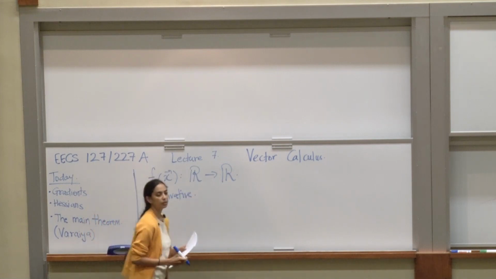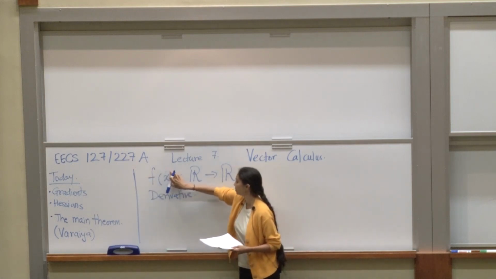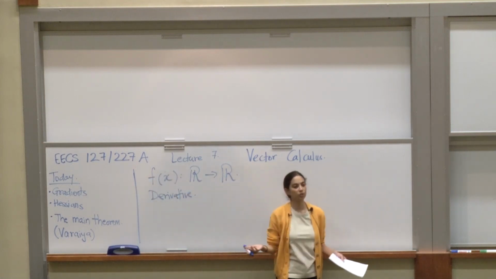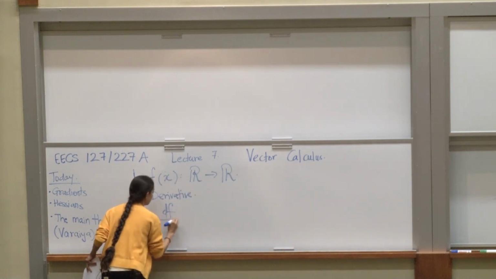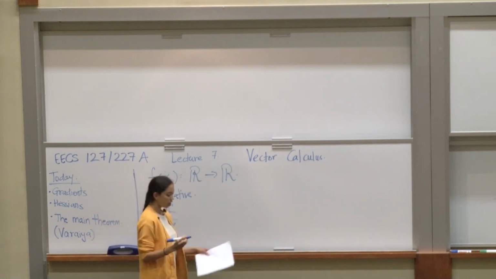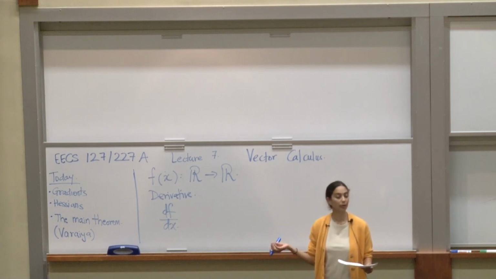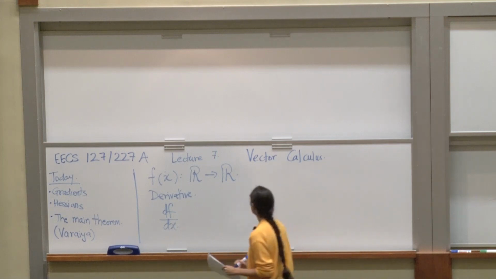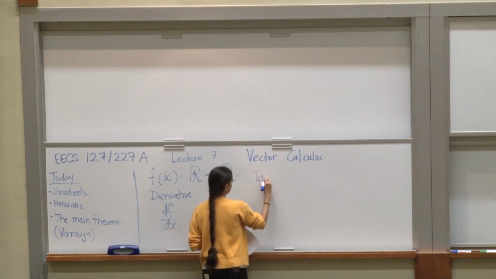A derivative says how f, for example, changes with respect to changes in x. So if I consider df by dx, it's talking about changes to the function as the variable x itself changes. And in this context, you've probably all seen Taylor's theorem.